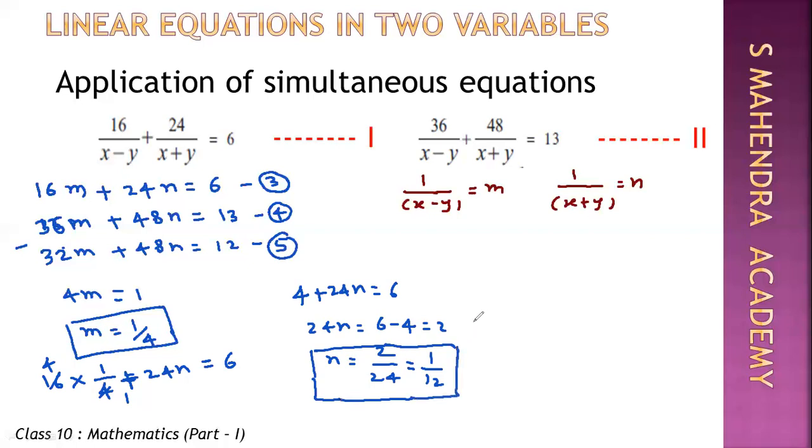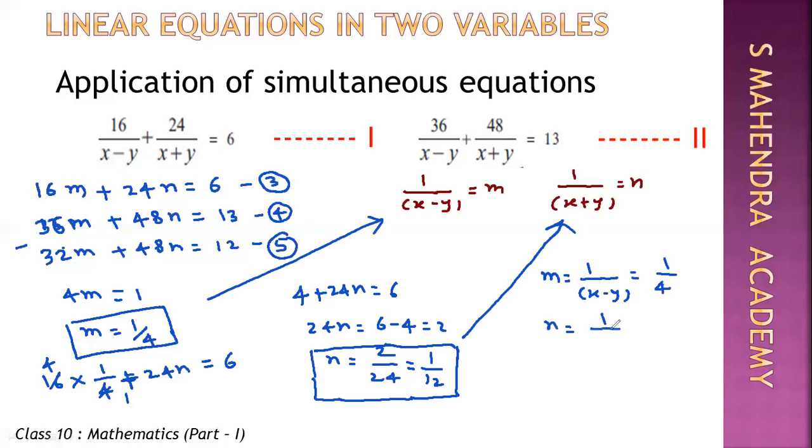So by substituting these values in these terms, we will get m is equal to 1 upon x minus y is equal to 1 upon 4, and n is equal to 1 upon x plus y is equal to 1 upon 12.